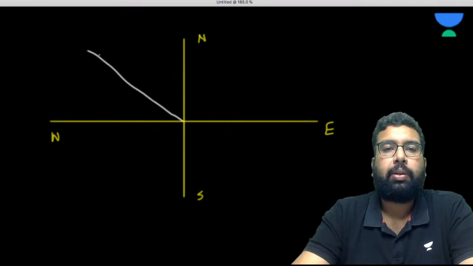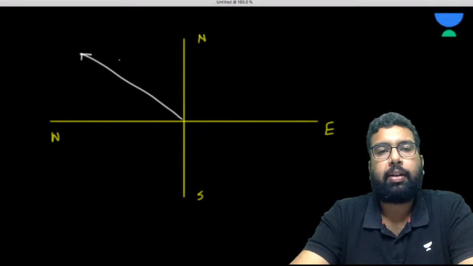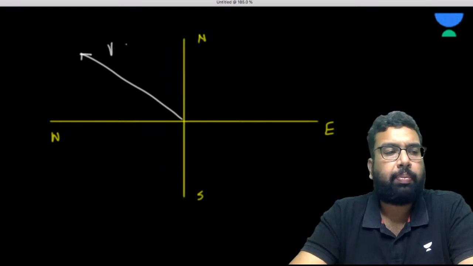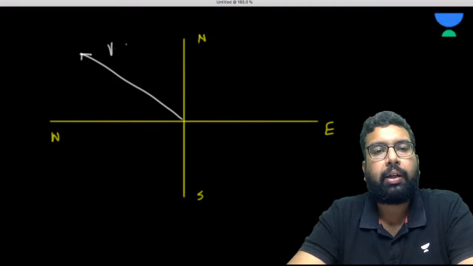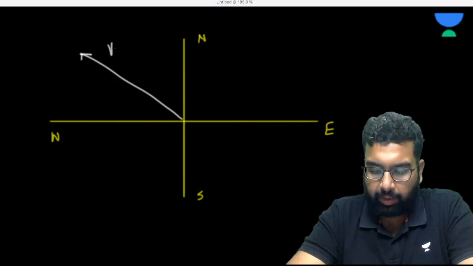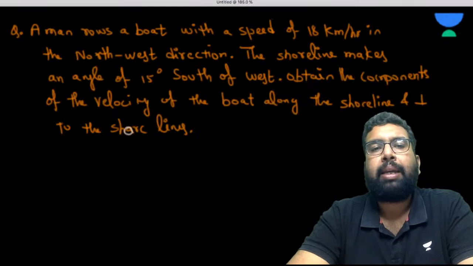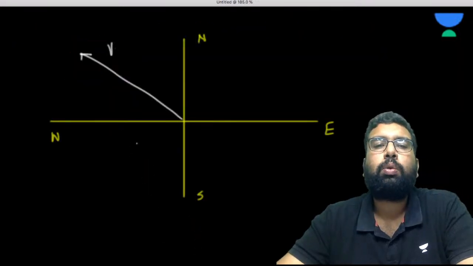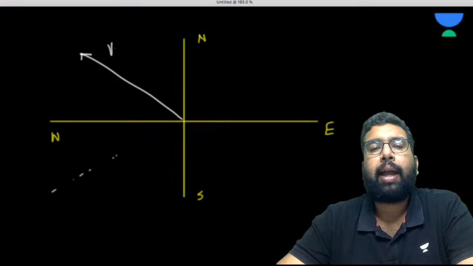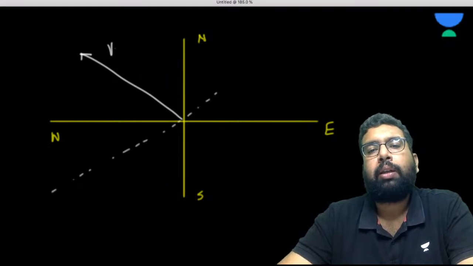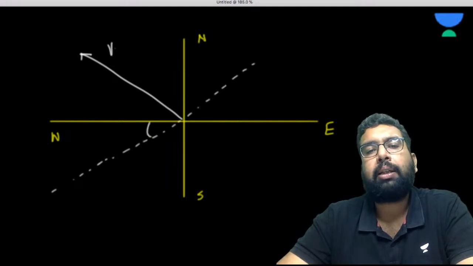This person is moving in this direction with a velocity, let's call it v, of 18 km/h. The shoreline makes an angle of 15 degrees south of west. So from west you consider the axis. If I consider 15 degrees south of west, this must be that axis, right?